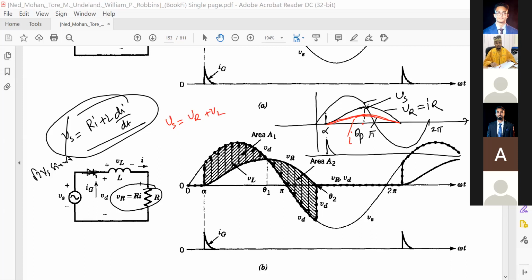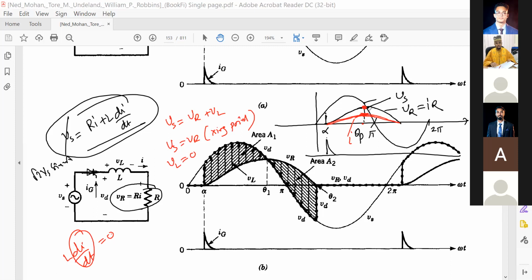At the crossing point, Vs equals VR, so VL equals 0. VL equals L di by dt equals 0, so di by dt will be 0 at the peak value of the current. Am I correct or not? Di by dt will be 0 at the peak value of the current, maximum.